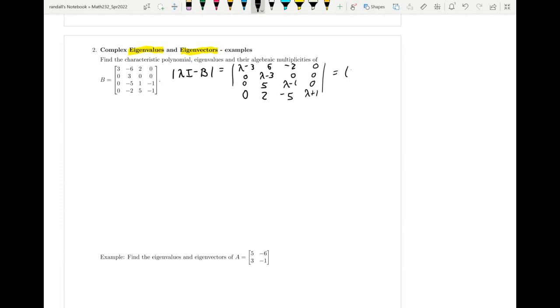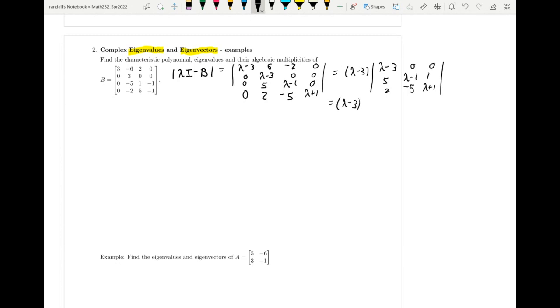So let's expand down the first column. So lambda minus 3 times the determinant of this 3 by 3 matrix, lambda minus 3, 5, 2, 0, lambda minus 1, minus 5, 0, 1, lambda plus 1, okay, which we can write out now.